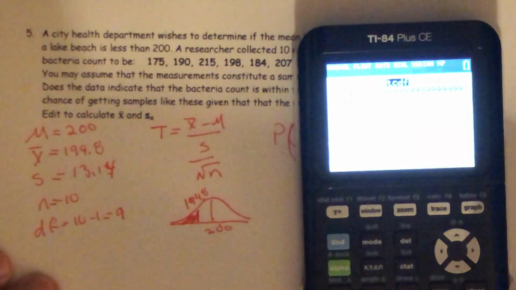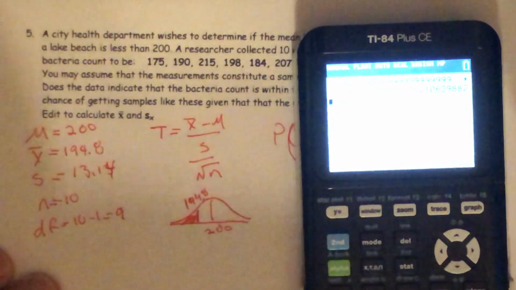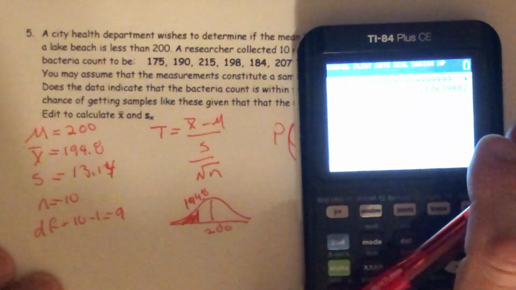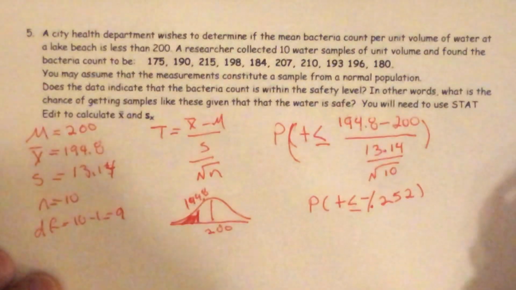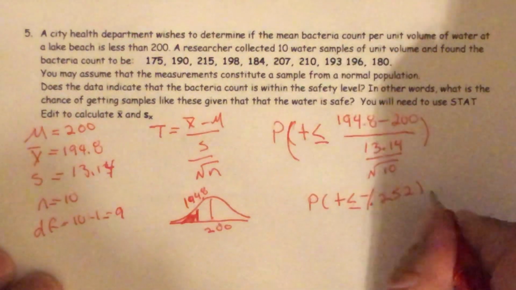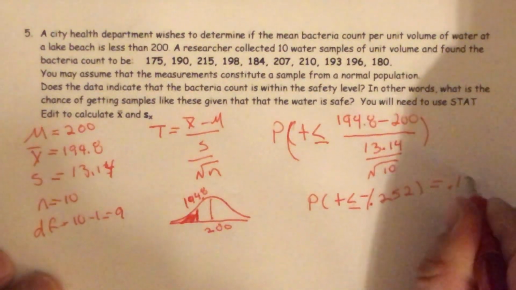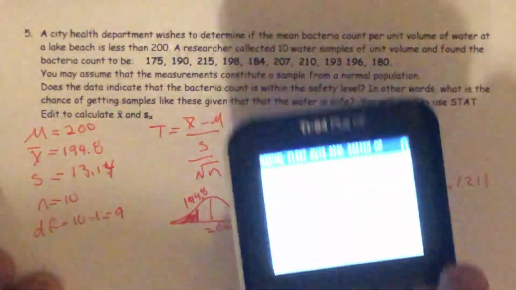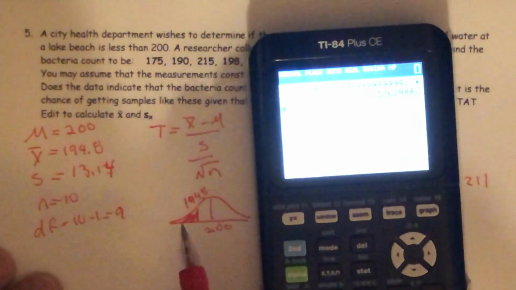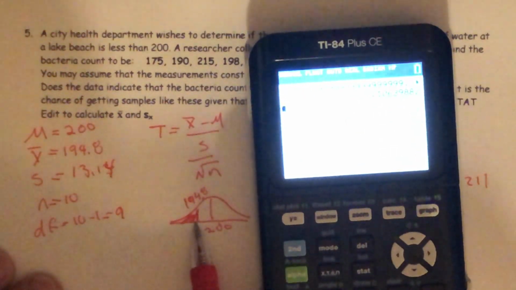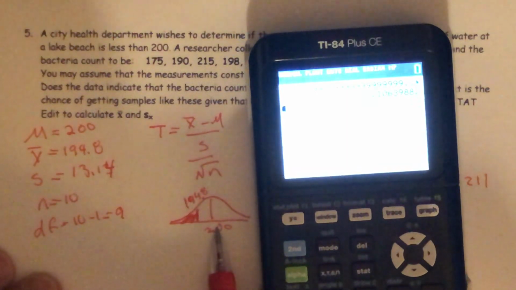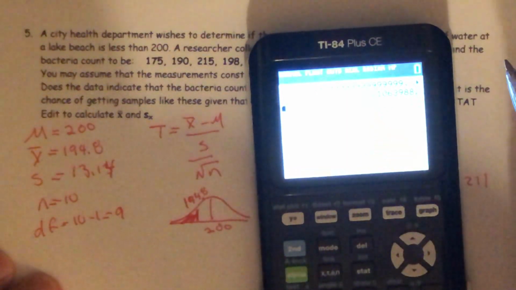Our degrees of freedom are 9. Be careful about that. Don't make a simple error there. And we end up getting a probability equal to 0.1211. And that's our probability that we would get a sample as extreme or more extreme given that it was 200. So that's our answer, 0.121.